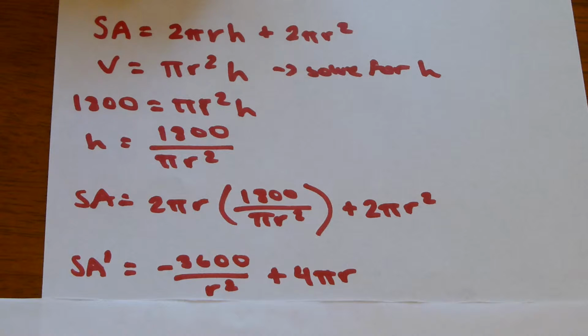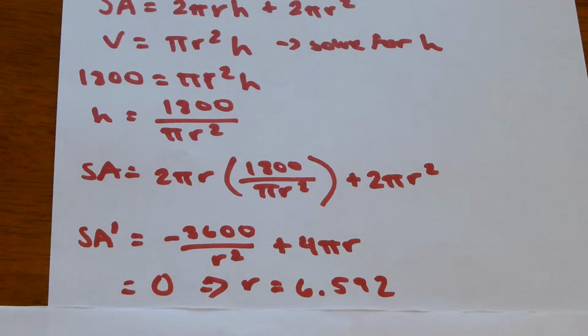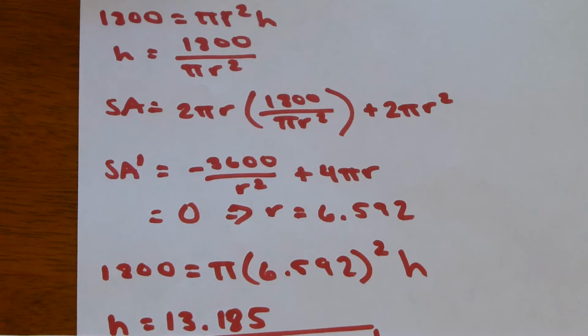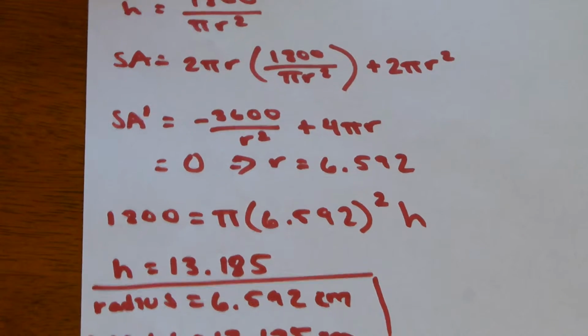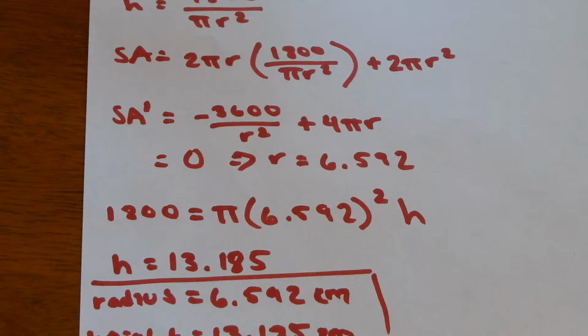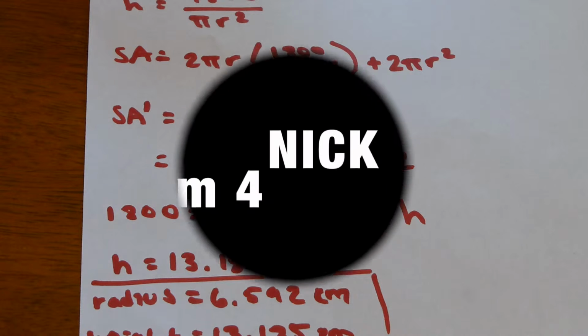By making this equal to 0 and solving, we get r is equal to 6.592. By plugging this r back into the height formula, we get that the height is 13.185. So finally, we get that our radius is 6.592 centimeters and our height is 13.185 centimeters.